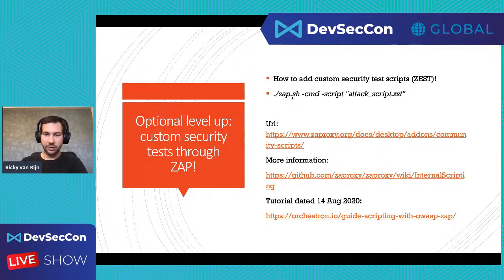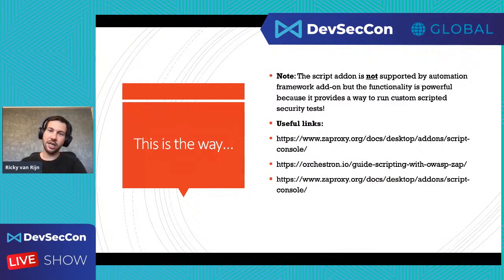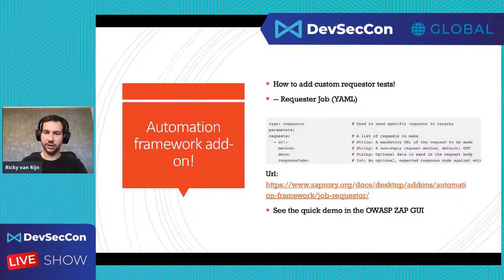There are a lot of other tutorials, but this is one of greater quality, from my point of view, that's my opinion about it. One thing I need to say is the script add-on is not yet supported by the automation framework. Then again, you can also provide it through the script command and add your scripts on the command line, just like the earlier slide here.